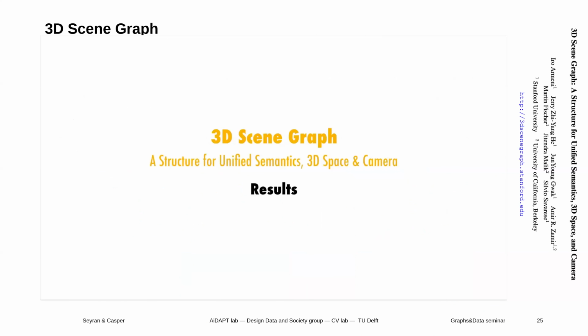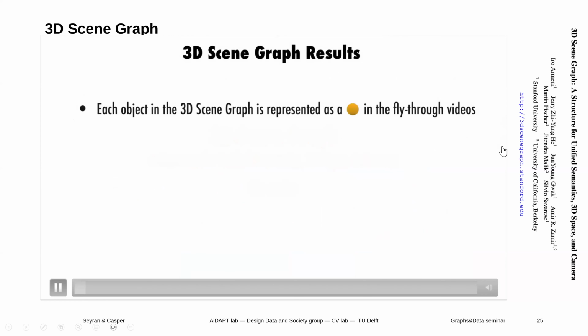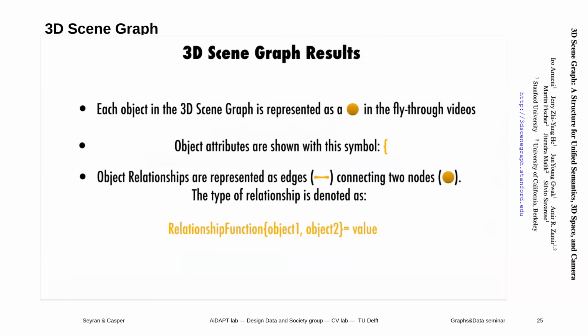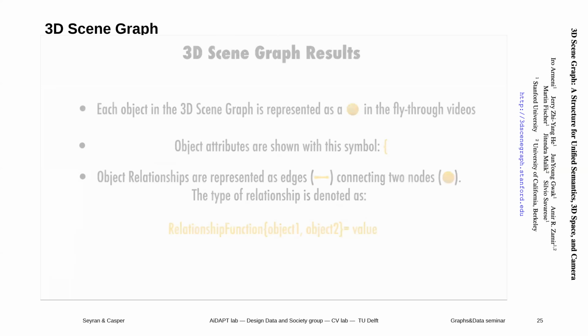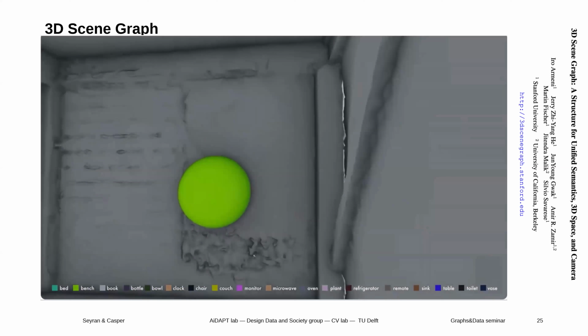This is also from Stanford. This is a 3D scene, which means that instead of an image, you basically have the structure in the image. This is an agent, let's say, moving through a space.